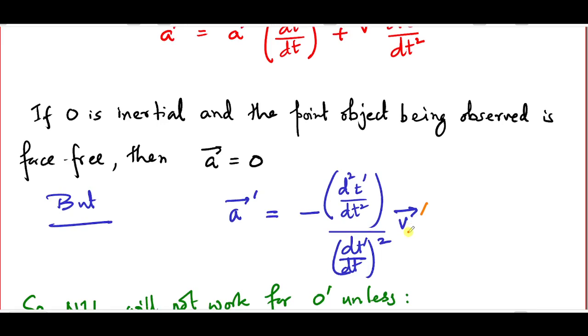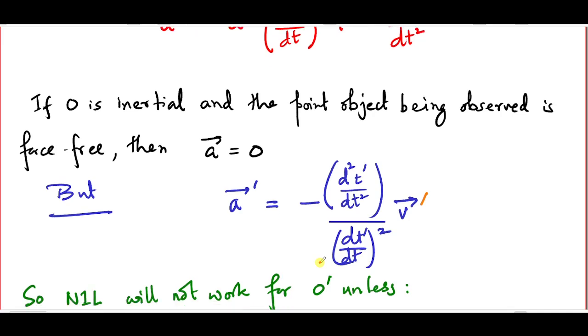So, if the object is at rest with respect to O, then it stays at rest with respect to O prime, v prime being simply proportional to v, so v equal to 0 would mean v prime is also 0, and then A prime would also be 0. But however, if you want Newton's first law to hold for all force-free objects, that is, you want it to hold as long as the object which is force-free turns out not to accelerate, but could also possibly move, then you have the following.